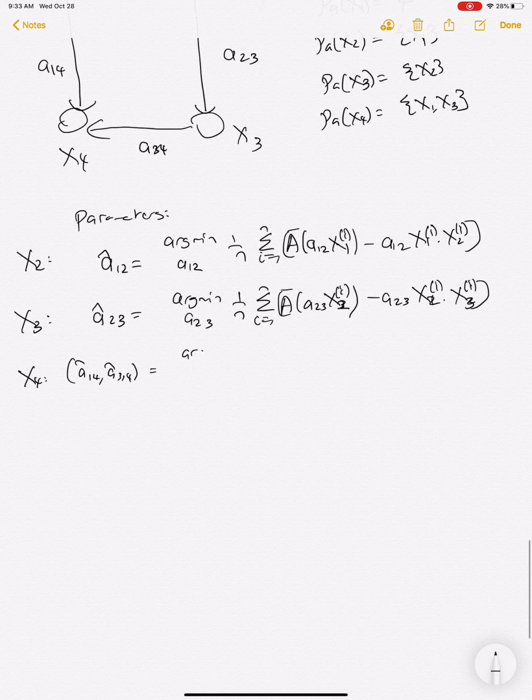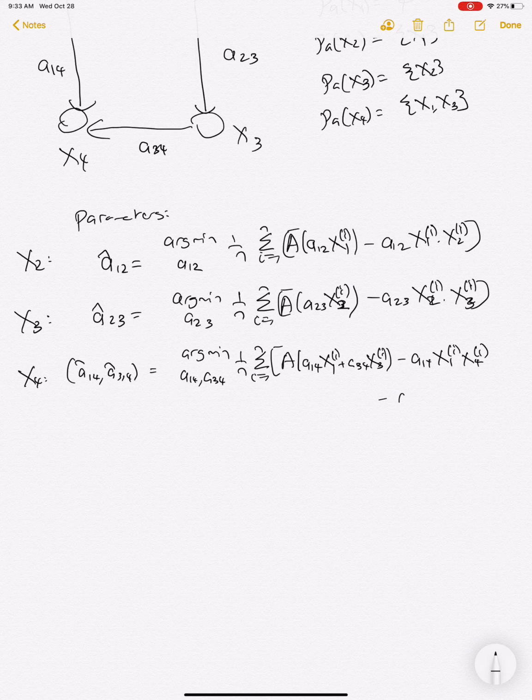And so that is argmin of A14, A34, and then A of x1i plus A34 of x3i, and then minus A14 x1i x4i, and then minus A34 x3i x4i.